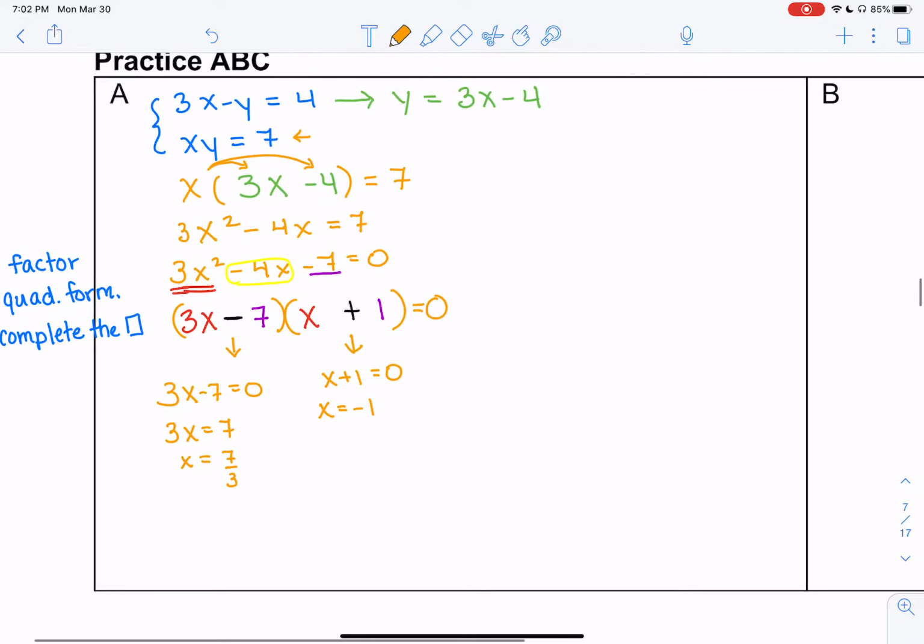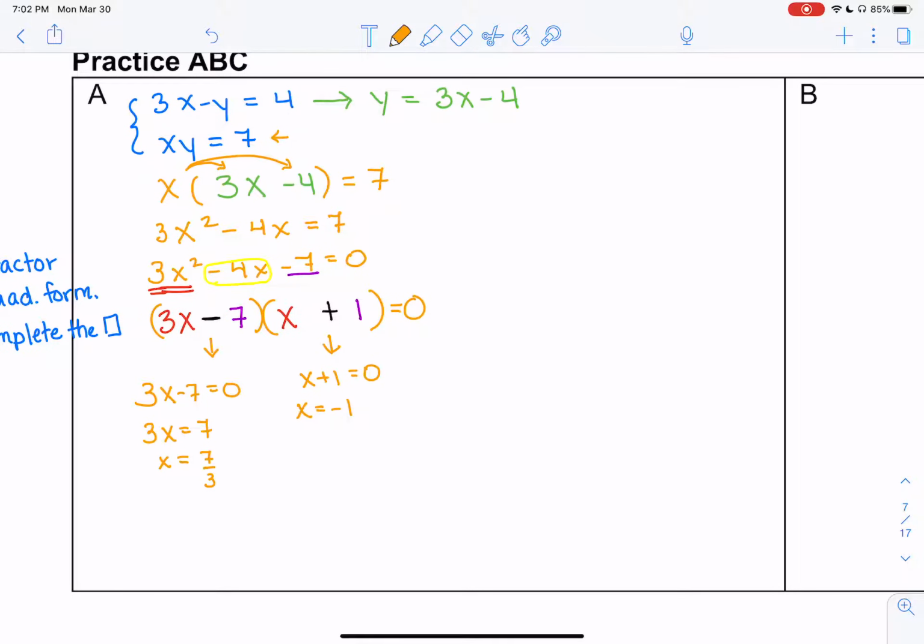So I'm going to go back up to my green equation, and I'm going to plug in my x values to that green equation, but I have to do it 2 separate times because I have 2 different x values. Okay, so when x equals 7/3, this is what that substitution would look like. Y equals 3 times 7/3 minus 4.